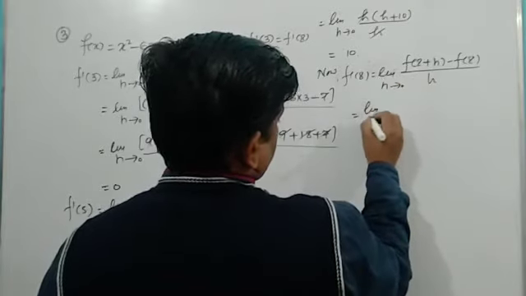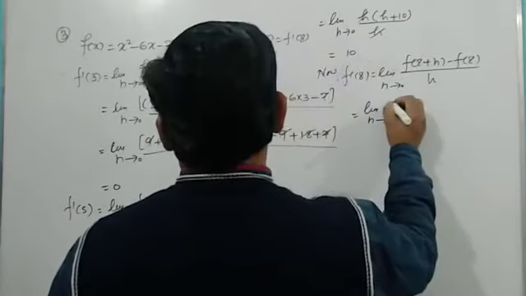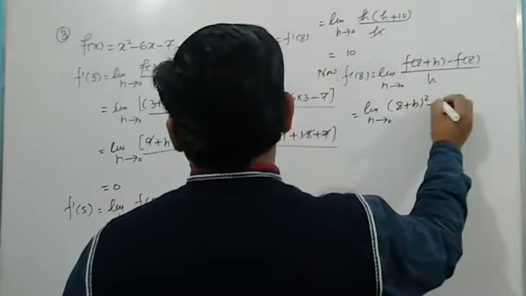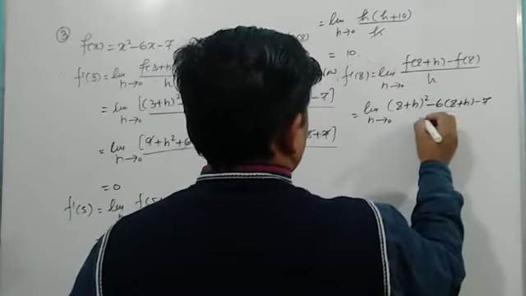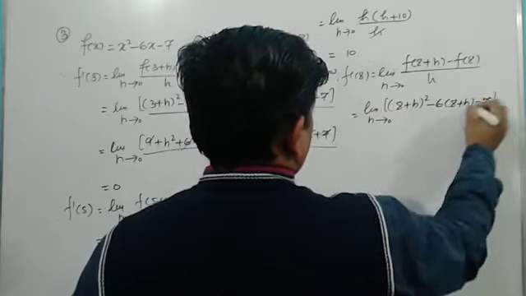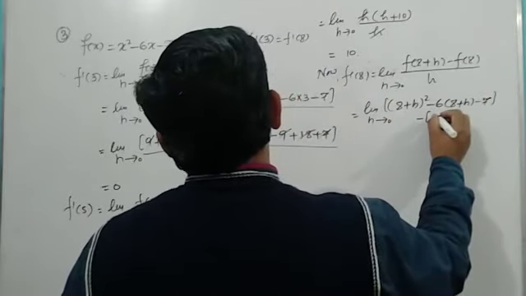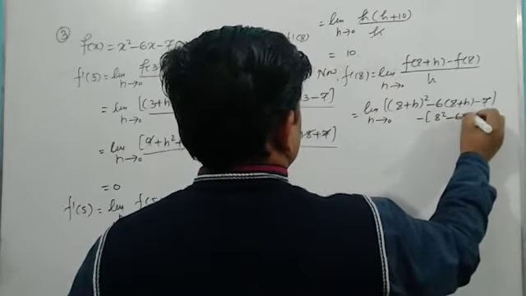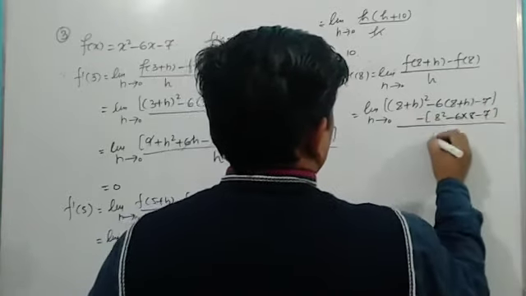Now if I write it, what can I see? (8+h)² − 6(8+h) − 7 in one bracket, and in the other bracket I can write 8² − 6·8 − 7, whole upon h.